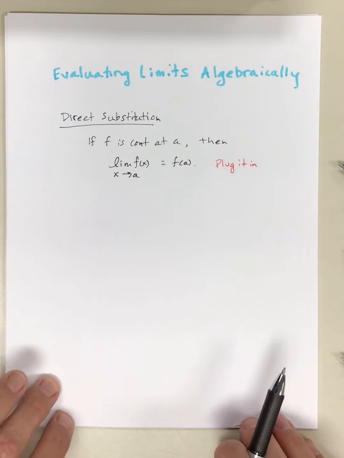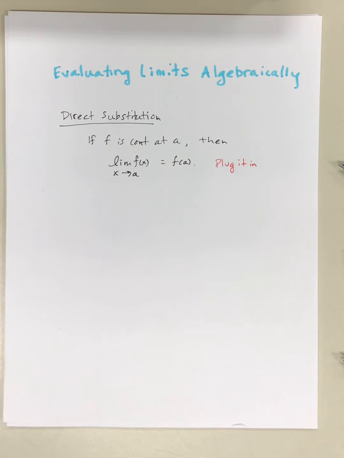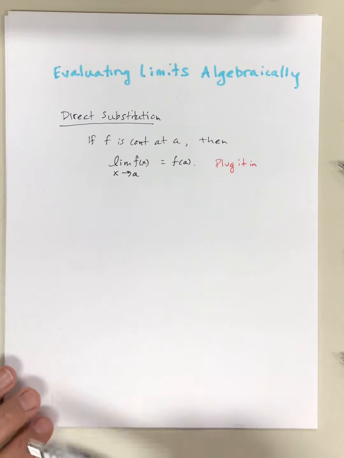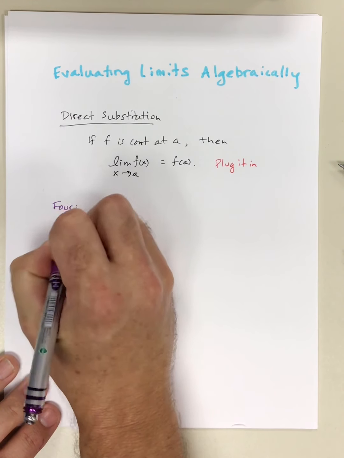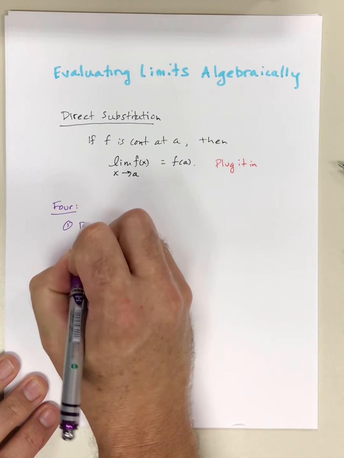So we'll be looking here in an algebraic setting at problems that do not have this property of continuity at a point, and what do we do about it? We're going to look ultimately at four kinds of problems. We're going to look at factoring problems.